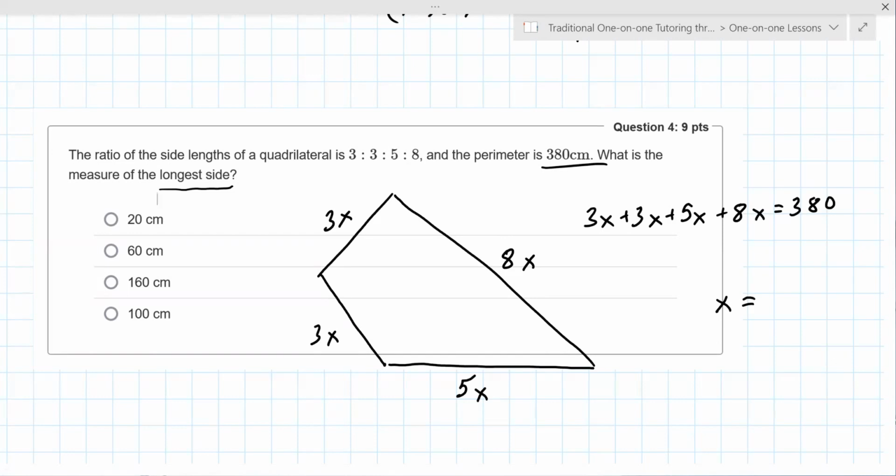I get 20 centimeters, 20 for x. So what is the longest side? Oh, that would be 8x. So then I put 20 back in there, then I get 160. Great. Okay.